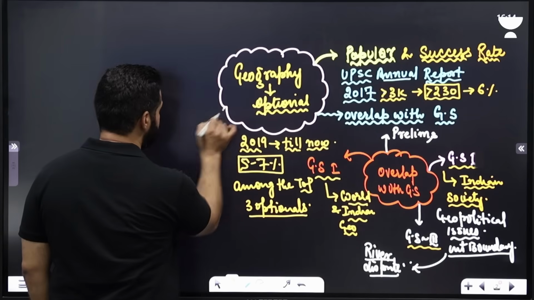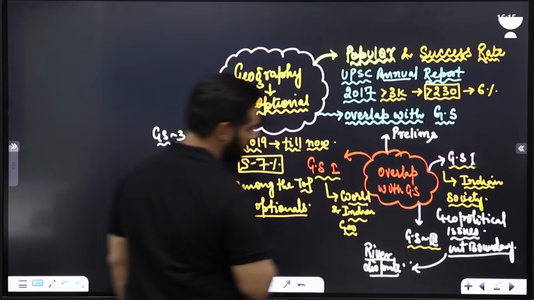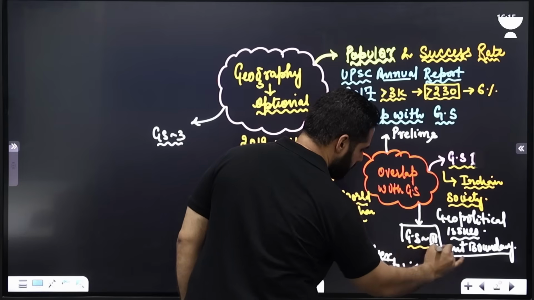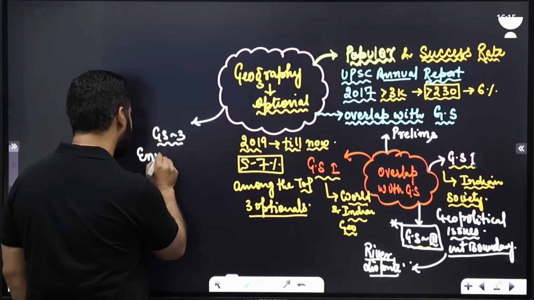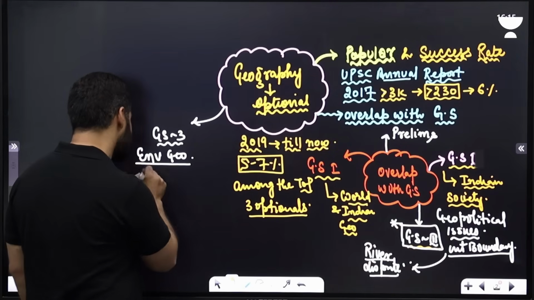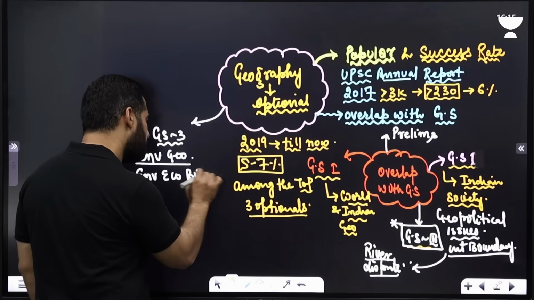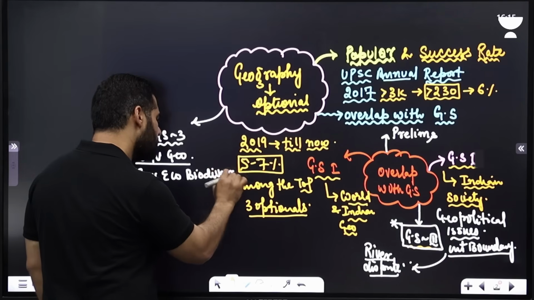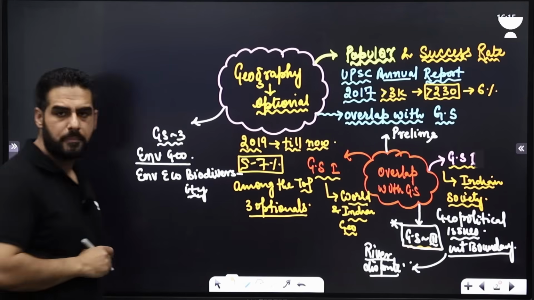In general studies paper 3, we have environmental geography, which we generally refer to as environment, ecology, biodiversity, which is a very important part with respect to our prelims also.